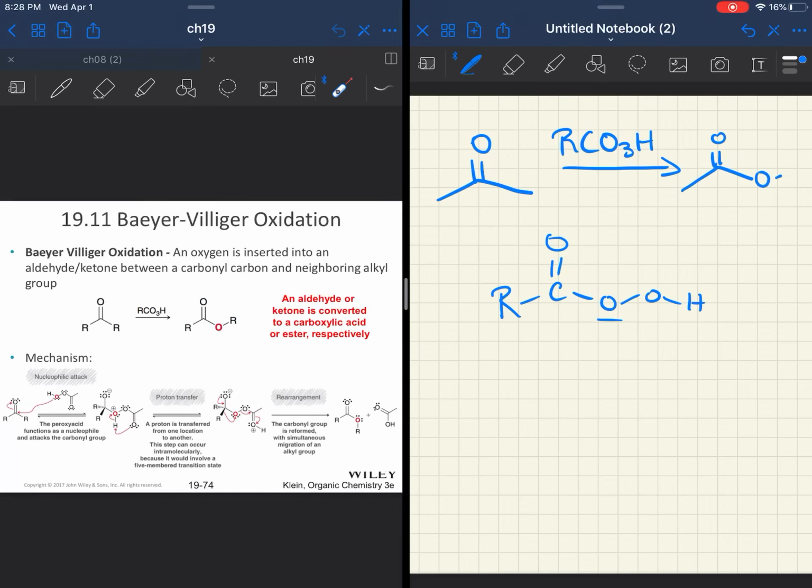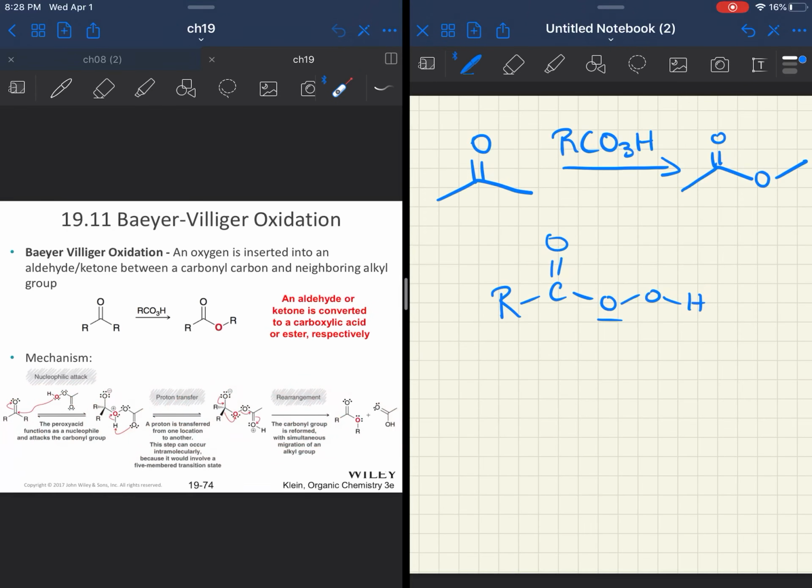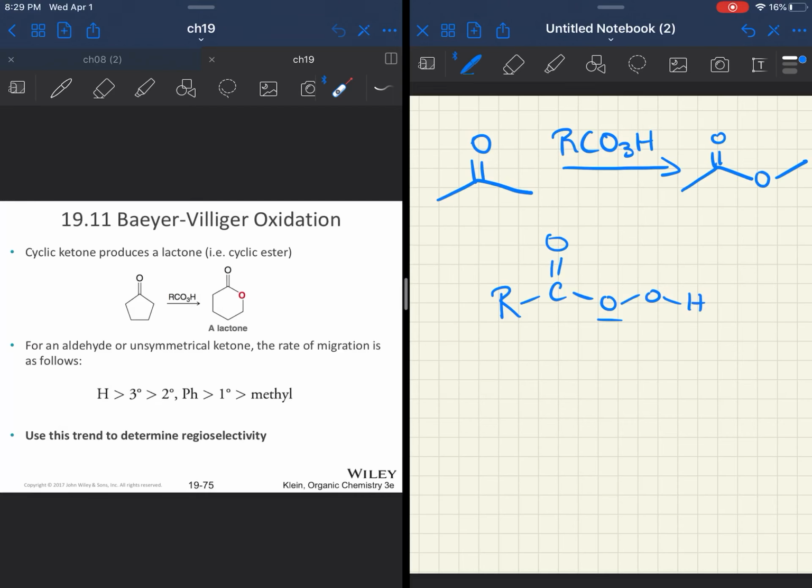What happens when you treat an aldehyde or ketone with a peroxy acid is an oxygen inserts itself between the carbonyl and either a hydrogen or a carbon off to the side. So it allows us to access esters and carboxylic acids this way. It is an interesting mechanism that you will not be responsible for. If you just like to look at different mechanisms, this certainly is one. Again, you will not be responsible for that mechanism.